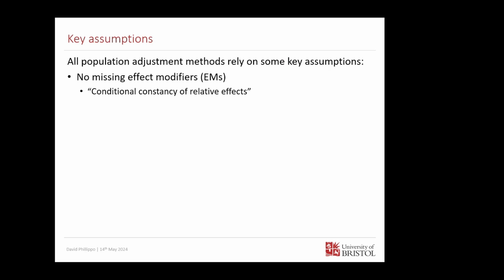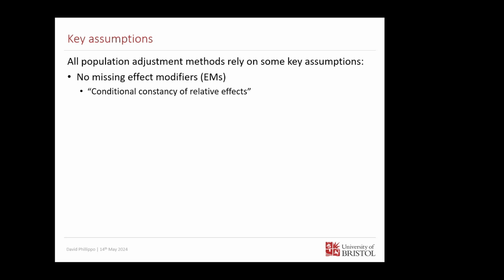So all population adjustment methods rely on some key assumptions. First of all, quite a strong assumption is that there are no missing effect modifiers. So this is the conditional constancy of relative effects assumption. And I guess it feels quite strong.